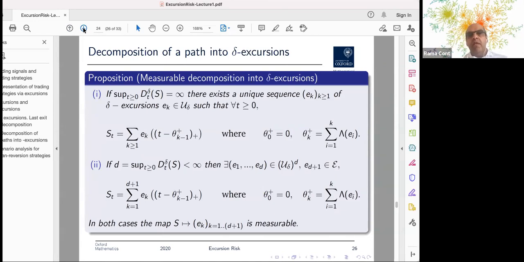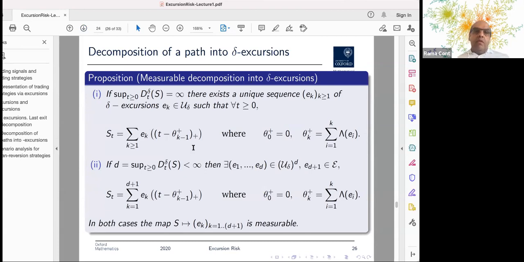So in fact, you're defining a measurable decomposition. And here is a different statement of the same thing in terms of maps on paths, which will be useful again when we apply it to stochastic processes later.